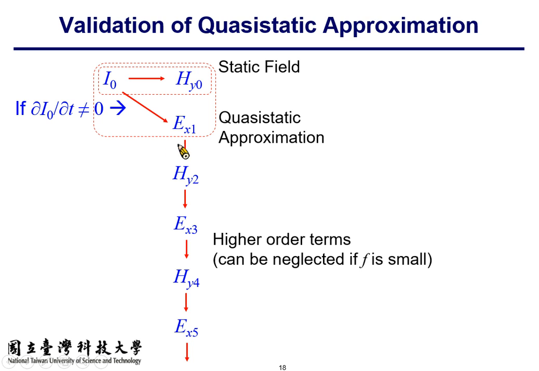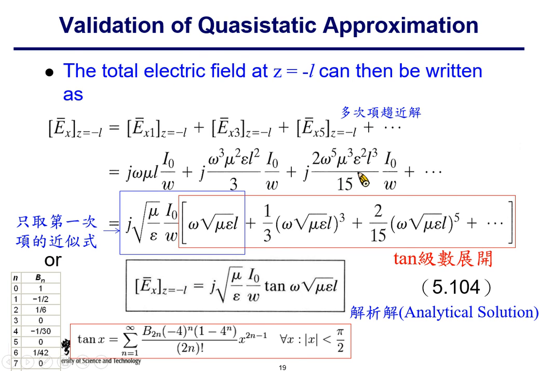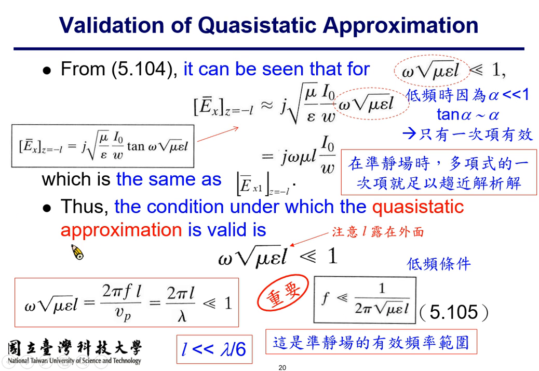So we have shown last week the condition for valid quasi-static approximation. That is, the size of the circuit must be much smaller than 1/6 of the wavelengths.